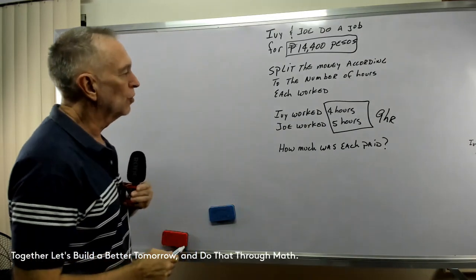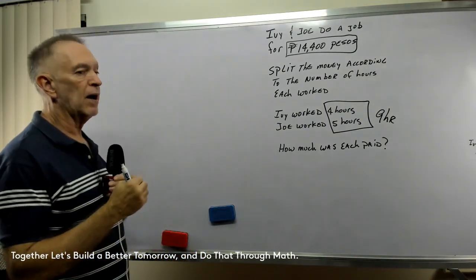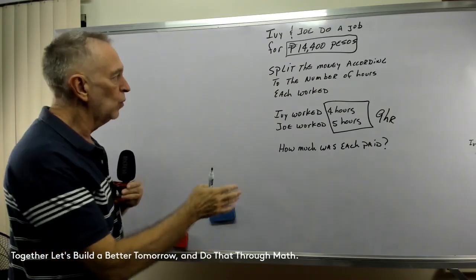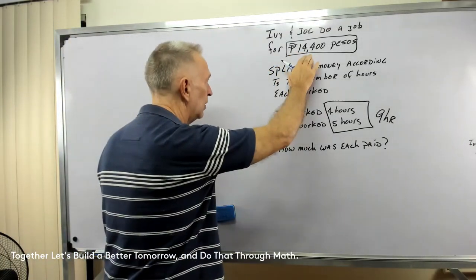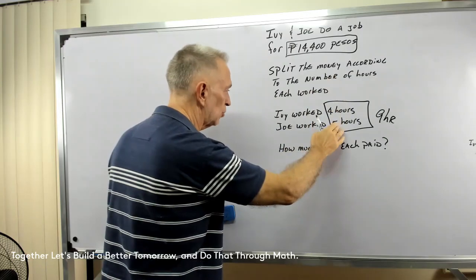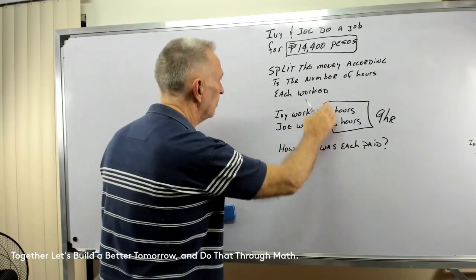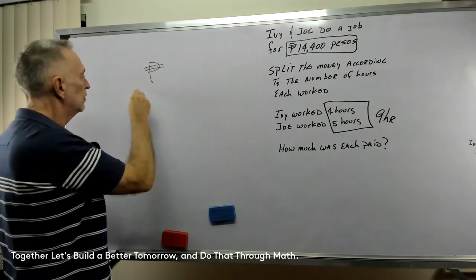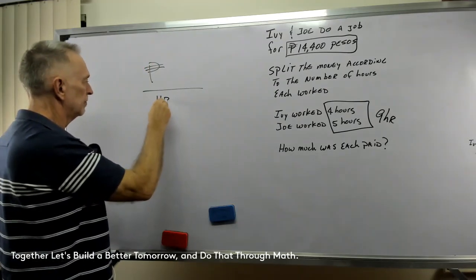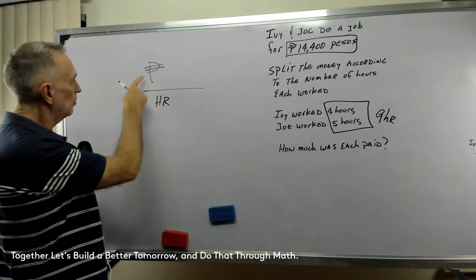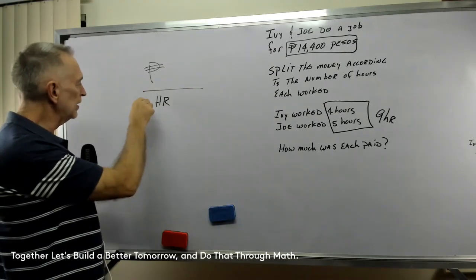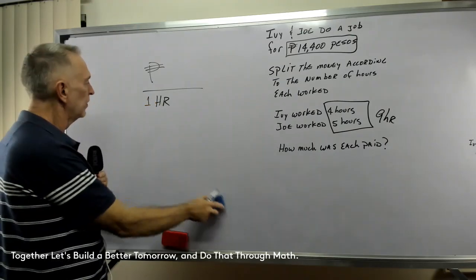Okay, so if we want to know the amount of money that was paid per hour, we can take the total monies divided by the total hours. So we have pesos divided by hours. So we'll end up with pesos per hour. And that's what we're looking for, pesos per 1 hour.